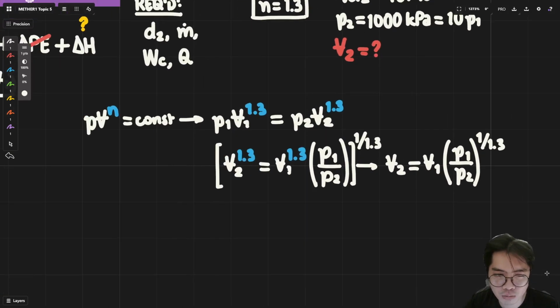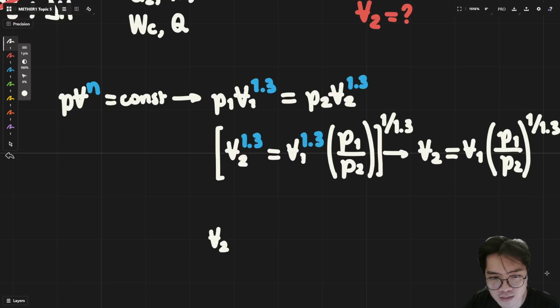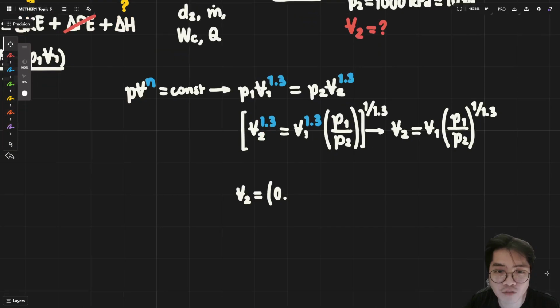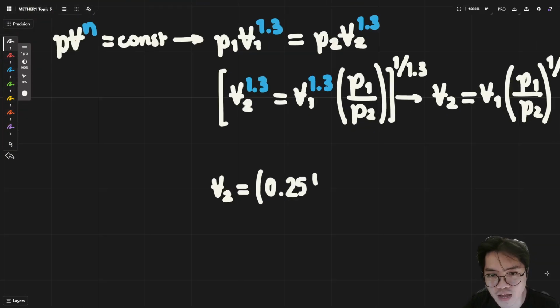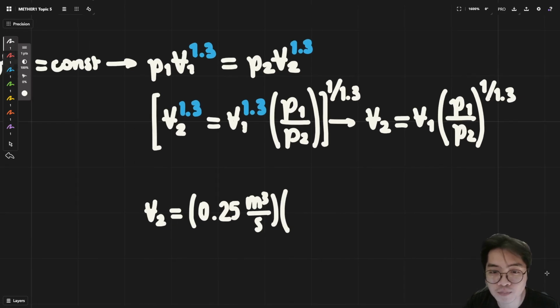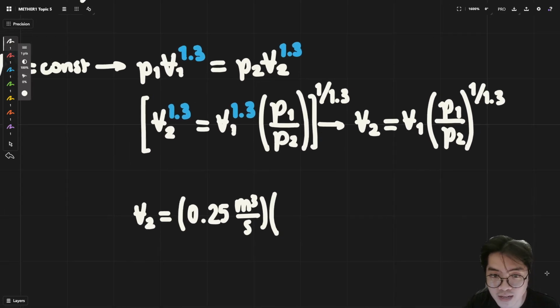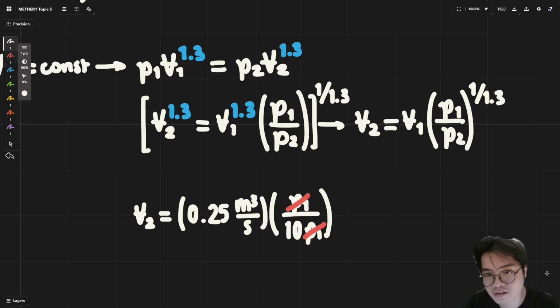So your V̇2 apparently is going to be V̇1, which is what again? 0.25 cubic meters per second, times your P1 and your P2. Notice what's going to happen. P1 is just P1, and your P2 is 10 times your P1. So what I can do in here is just cancel. Raised to 1 divided by 1.3.